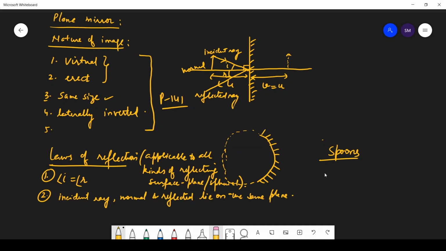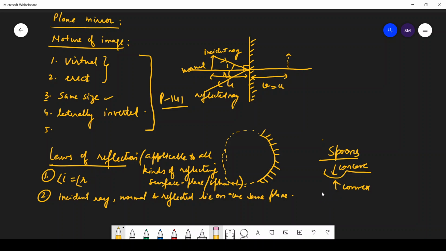See your image on this side, and then see your image on the other side. So this side will act as a concave mirror, and this will act as a convex mirror.